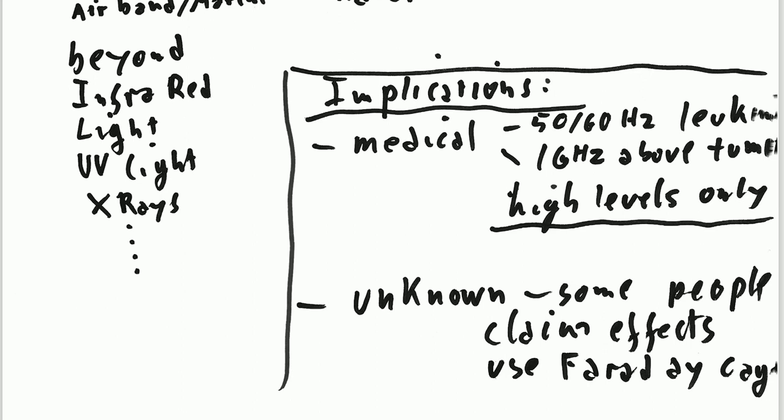Human tissue tends to suffer once you go over 40 centigrade. So that's a problem, especially at high levels. At the low levels, we don't have these effects so pronounced, so it should be okay.